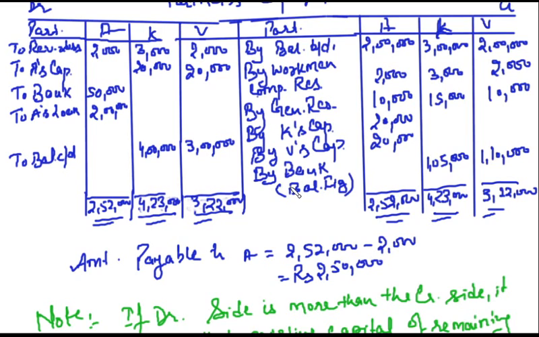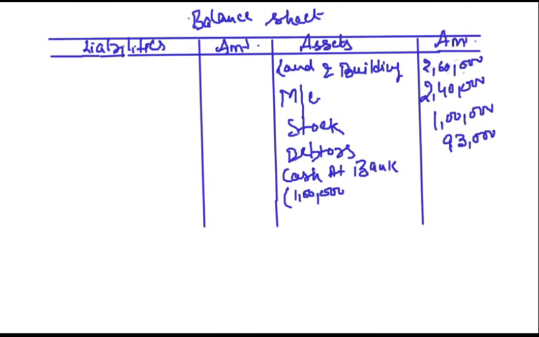Isn't it? And we are paying 50,000 to the retiring partner. So what will be the balance? 1 lakh plus 1,05,000 plus 1,10,000 being brought in by the remaining partners minus the amount that is paid to the retiring partner. So this amount will come to 2,65,000. Clear? Anything on the asset side?